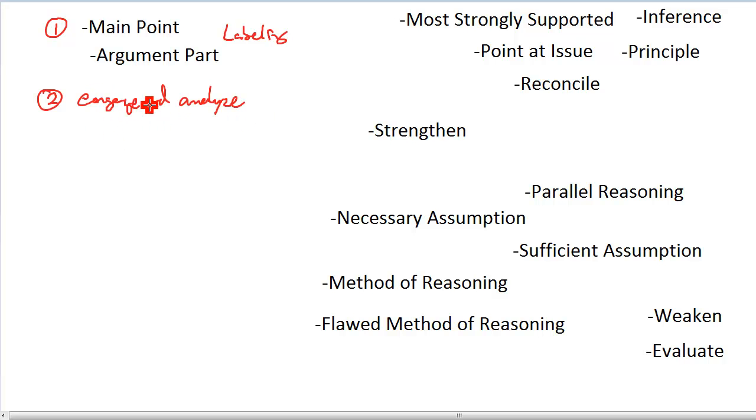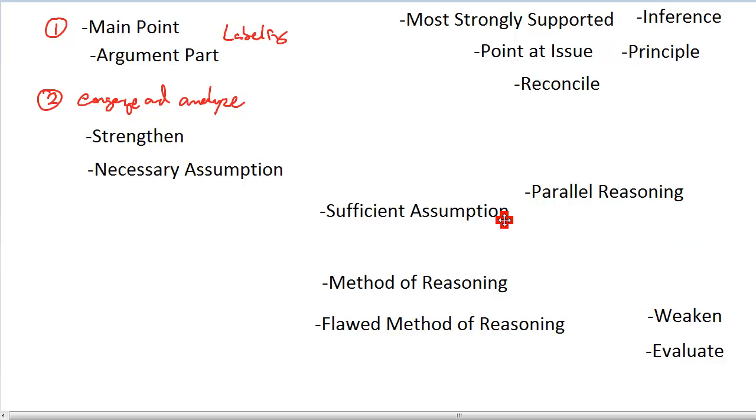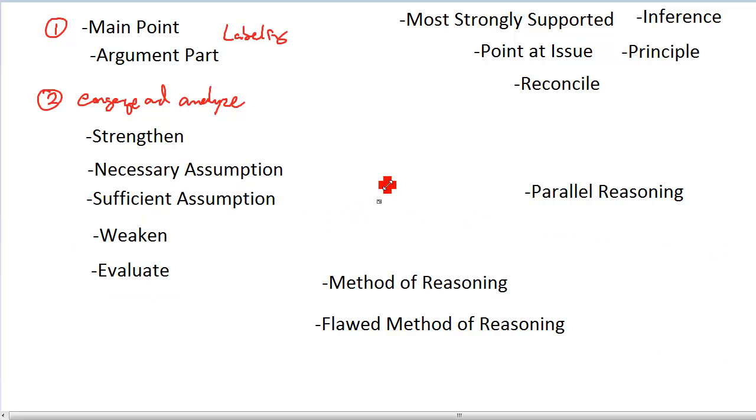So if you can make out my chicken scratch handwriting here, it's engage and analyze. This type of question includes the strengthening type, the necessary assumption type, the sufficient assumption type, the weakening, and the evaluate type. All of these belong to this second level of questions.